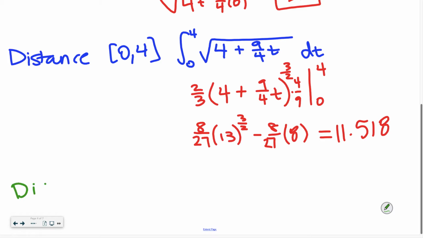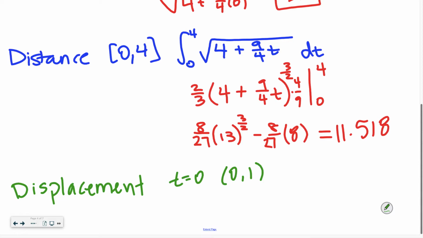What do I mean by displacement? Okay, so what coordinate are we at when t equals 0? 0, 1. What coordinate are we at when t equals 4?